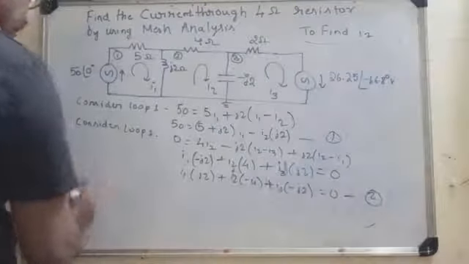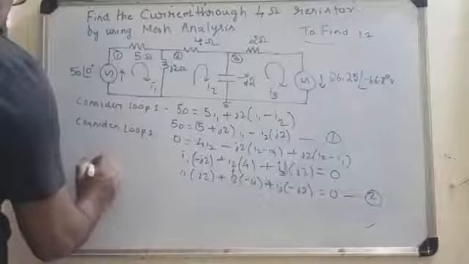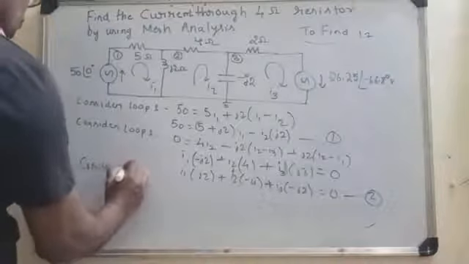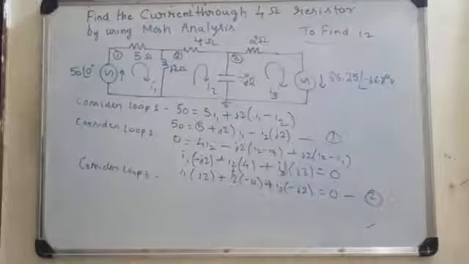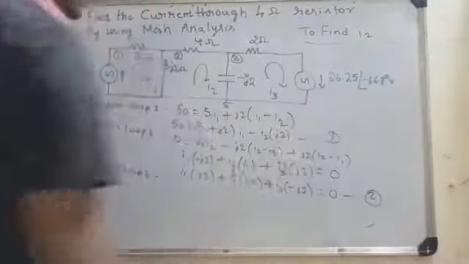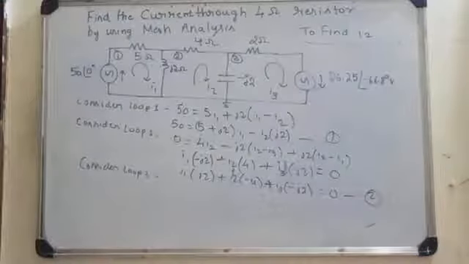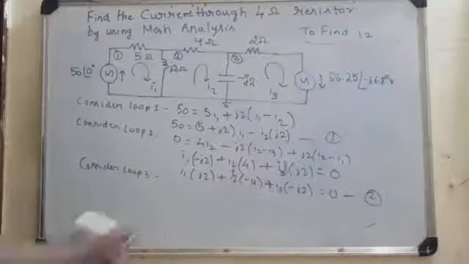Next, consider loop 3. There is a voltage source here, 26.25 at an angle. So first write it down.